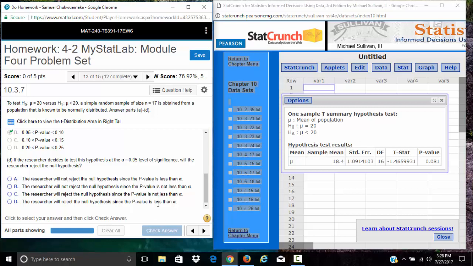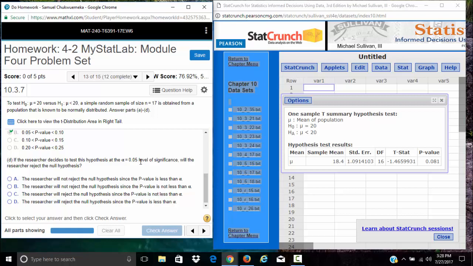So let's find it: the p-value actually is 0.081. Level of significance is 0.05. So with the p-value approach, 0.081 is greater than 0.05. So the p-value is greater than the level of significance.